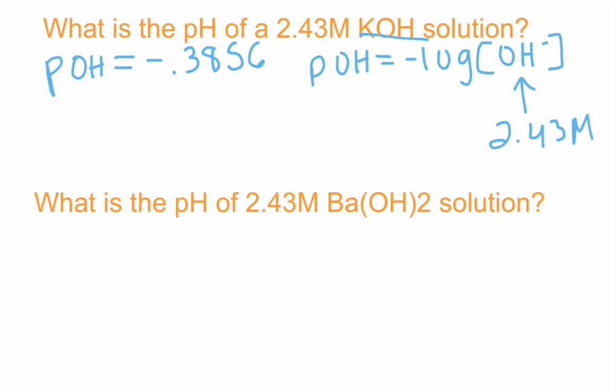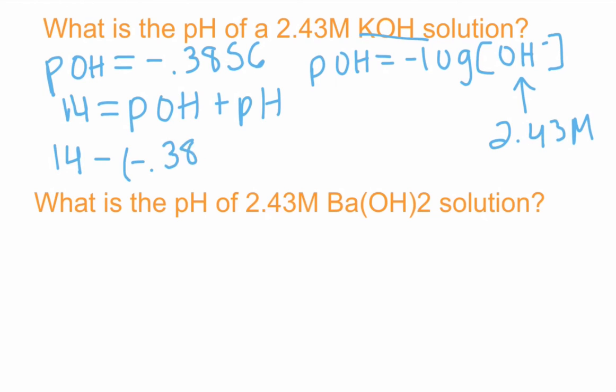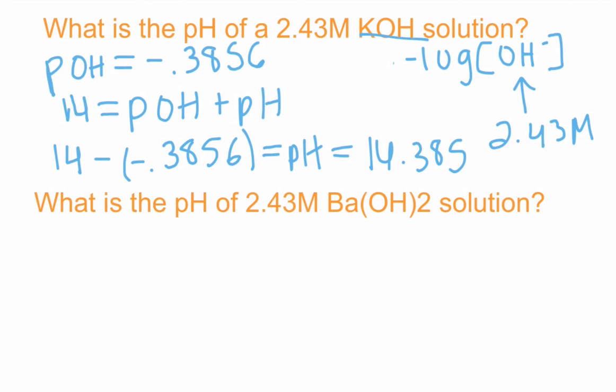And then if we want to convert this to pH, remember 14 equals our pOH plus our pH. So we're going to have 14 minus a negative 0.3856 equals our pH, which will equal 14.385 pretty much.